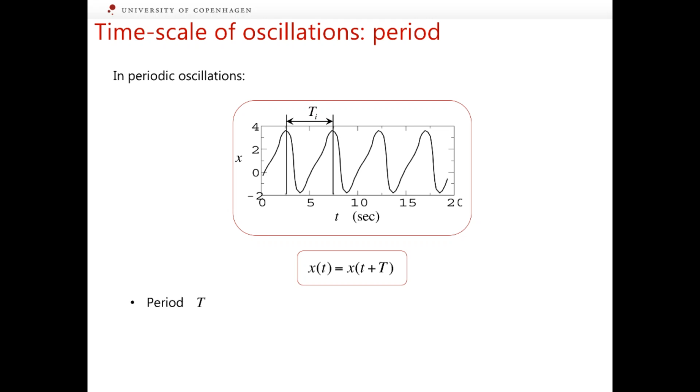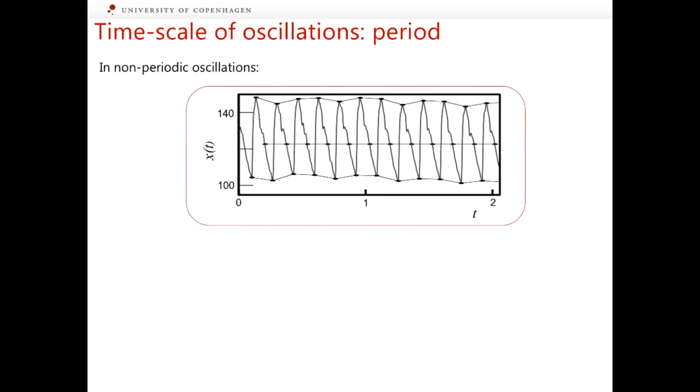The time interval T is called the period of oscillations, and the inverse of the period is called the frequency of oscillations.